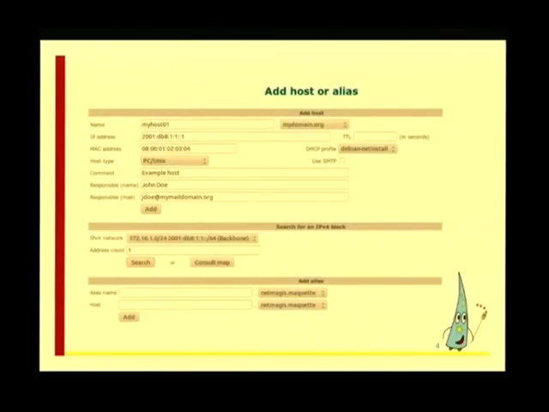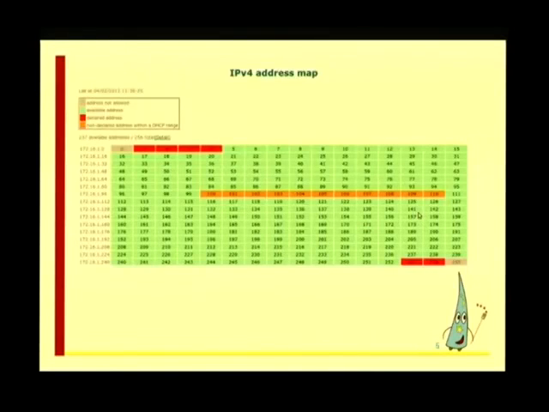And if you don't know which address is free, in the example I put an IPv6 address, but in the IPv4 world, sometimes you need to know which address is available, so you can do it through a map. All the red boxes are taken addresses, and all the green boxes are available addresses. So you just click on it, and it assigns this IP address to the host you're creating.